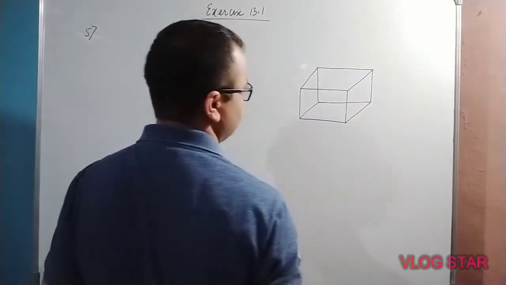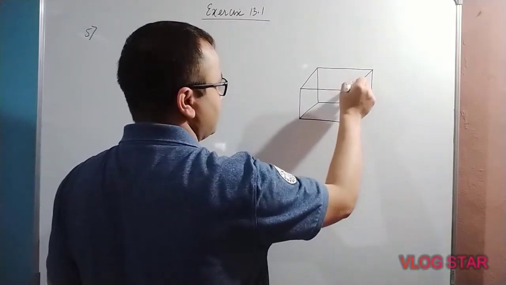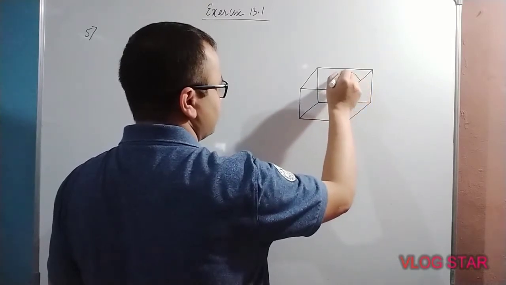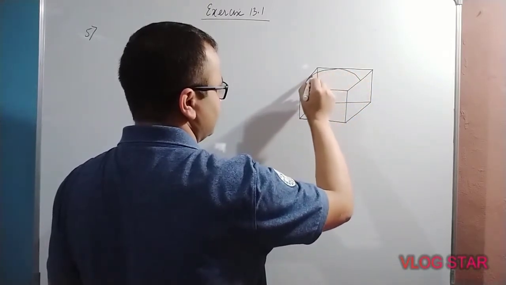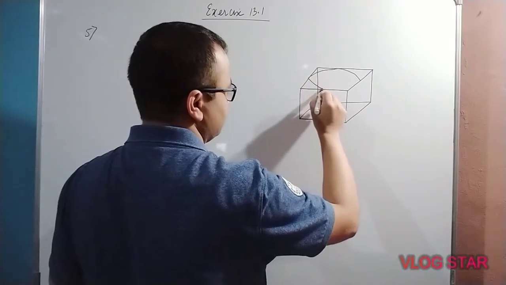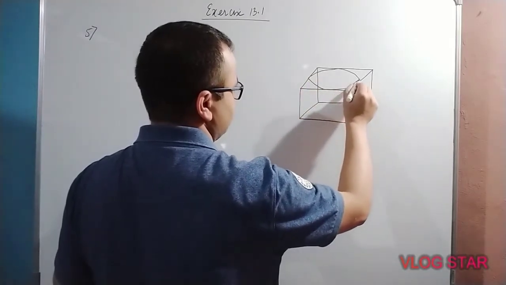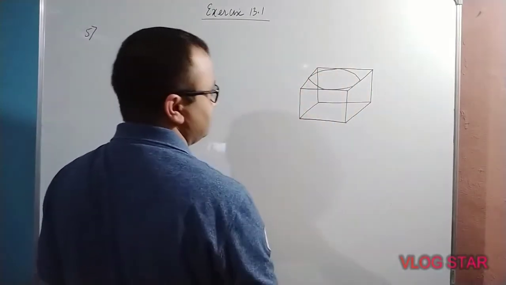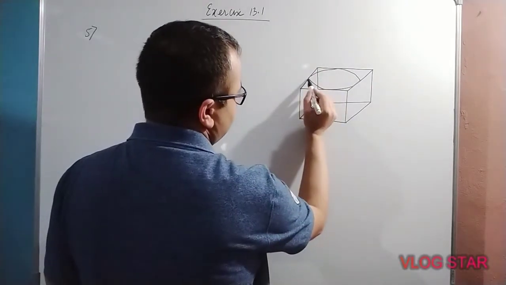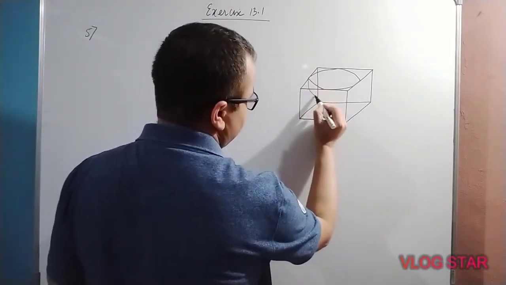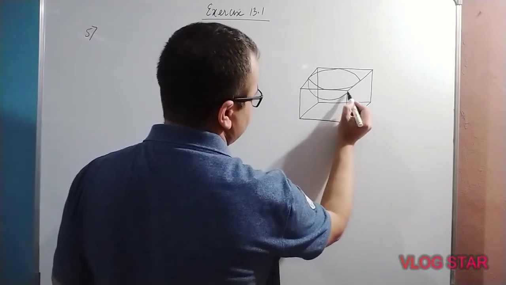Now this is the cube. One hemispherical depression is cut out from one face of the cube. It is a perfect circle.